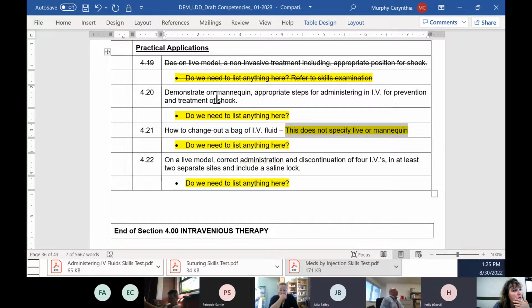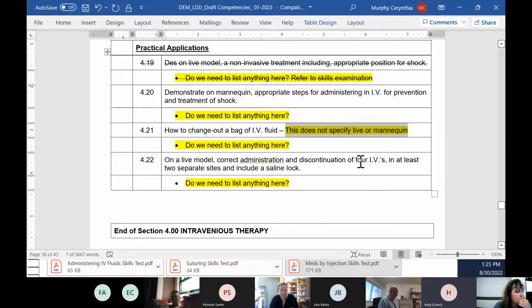Then they would do one successful IV start of a live AC site for shock, and on a mannequin arm do the lock on the arm or the hand for the prophylaxis. That way they don't need 2 separate models or 6 models or 4 models or whatever. It's going to be less expensive and more straightforward.